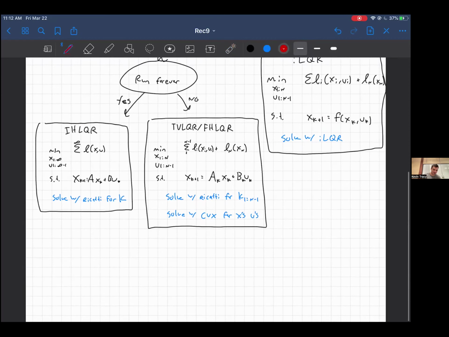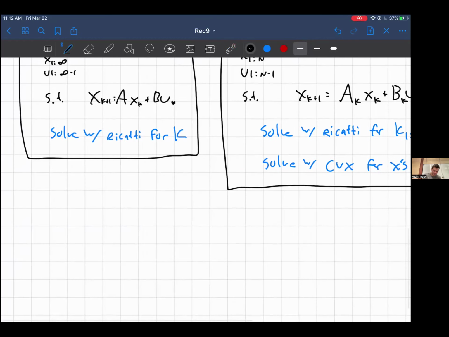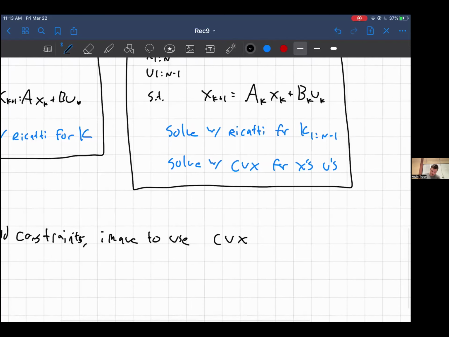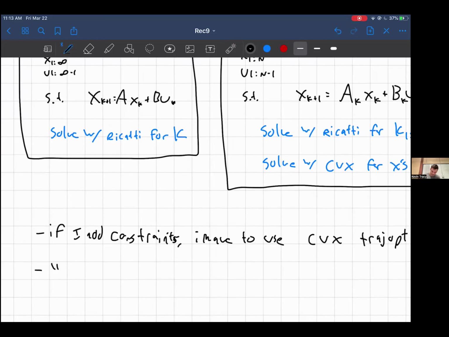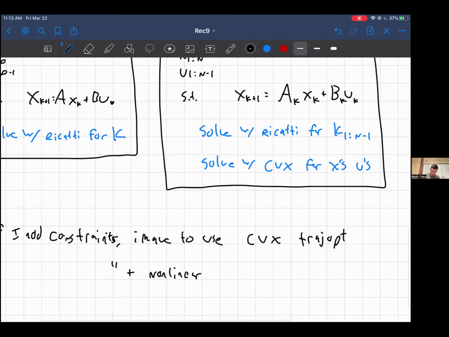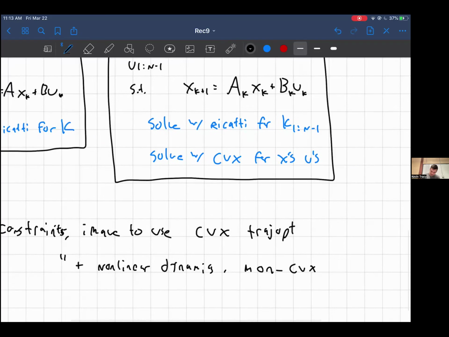And then I think a really important distinction to make is, a few things. One, if I add constraints, I have to use convex trajopt. And if I add constraints plus nonlinear dynamics, then I do non-convex trajopt.